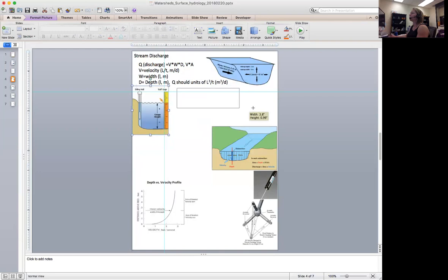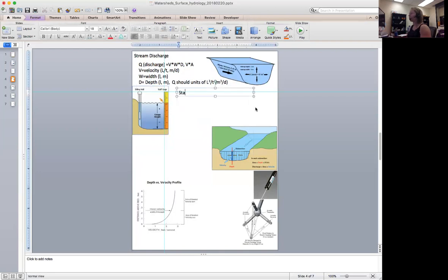So there's our staff gauge. It's like a ruler in the water that tells you the depth of the water above the bottom of the stream.